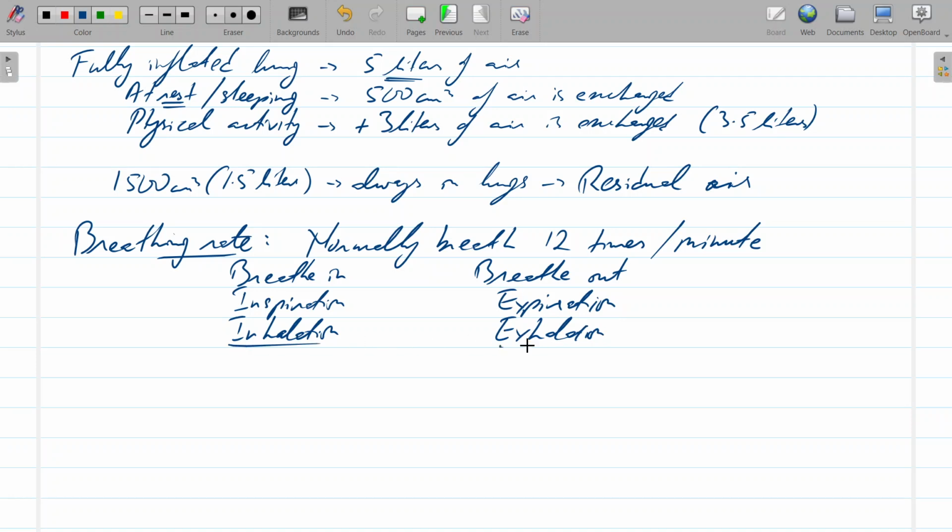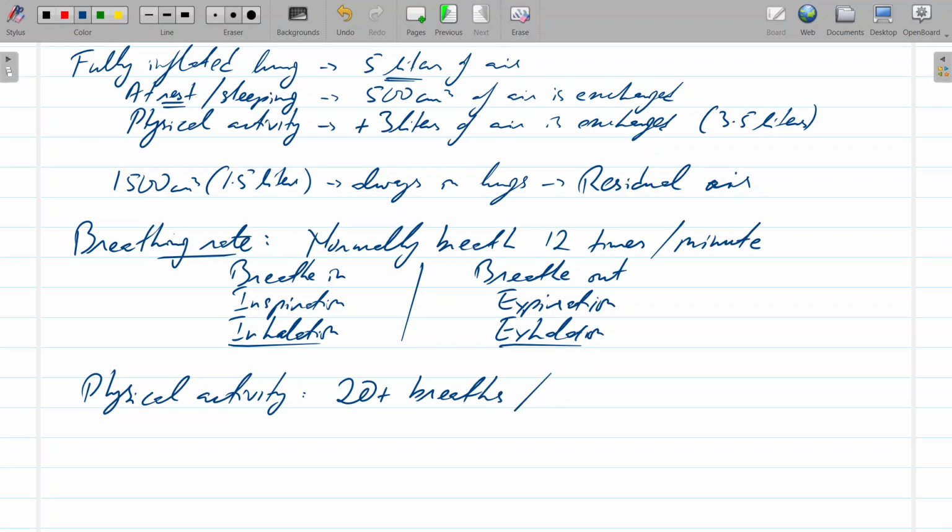All of these respective terms are the same. When we exercise, when we go into physical activity, our breathing rate can go up to 20 breaths per minute or more. So basically, obviously more than the average 12 breaths per minute.